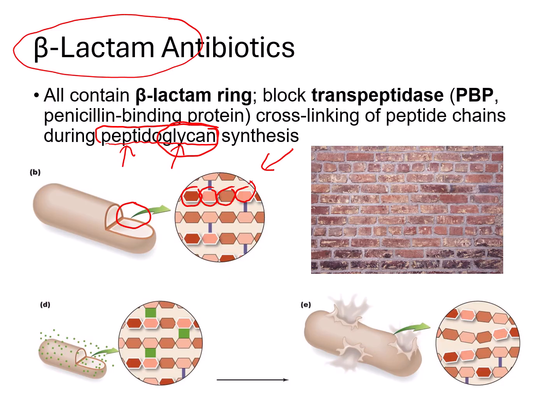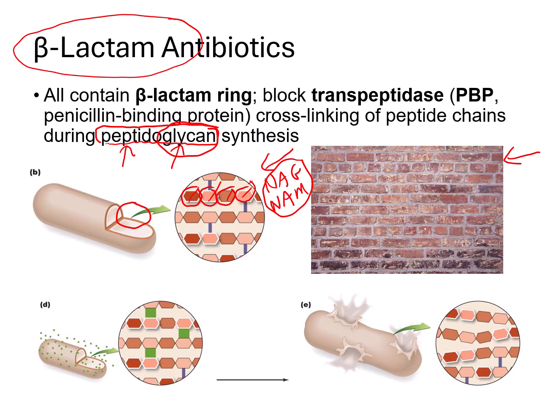And a long time ago, we learned that they're made of alternating N-acetylglucosamine and N-acetylmuramic acid subunits, alternating and repeating over and over again. So we have NAG, NAM, NAG, NAM, and so forth. They remind me of kind of like a brick wall, where the bricks are the NAG and NAM.